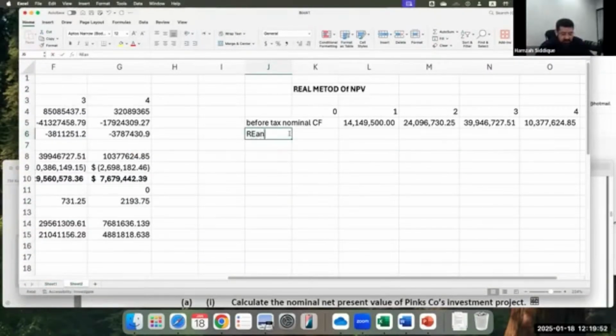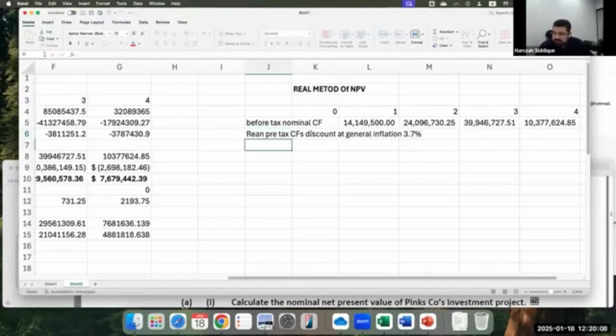General inflation rate is 3.7%. So we have to discount them. So real pre-tax cash flows, discounting at general inflation, 3.7%. Simple as that. Into 1.037 raised to the power minus.